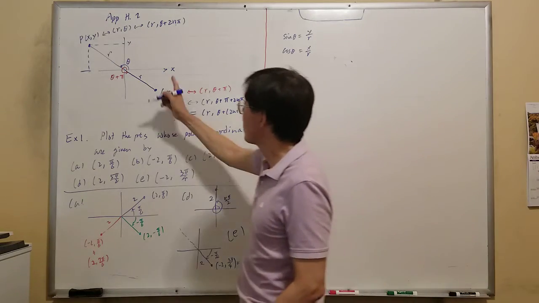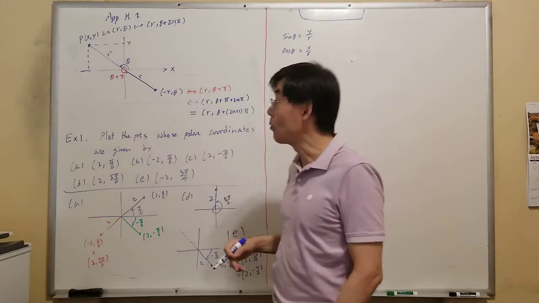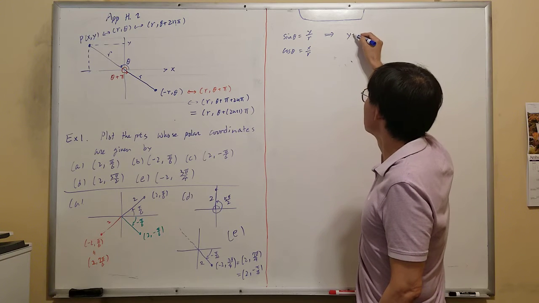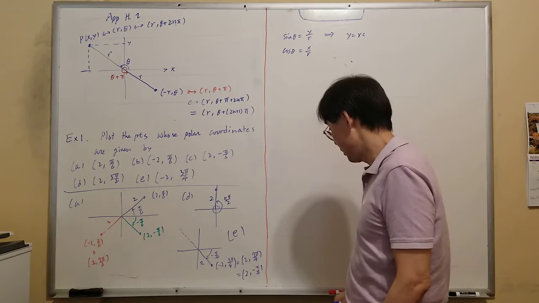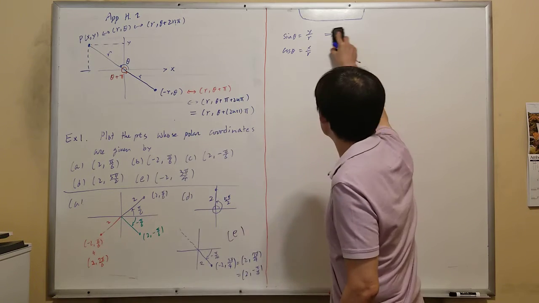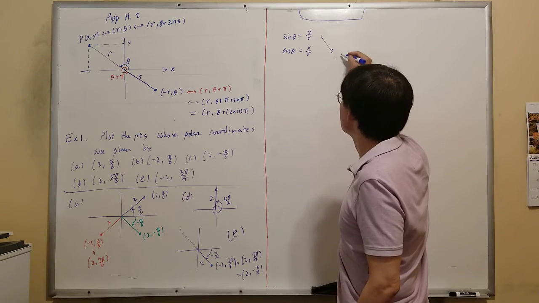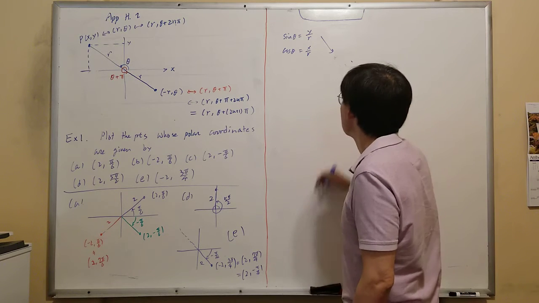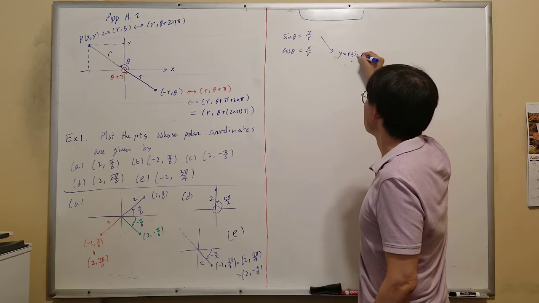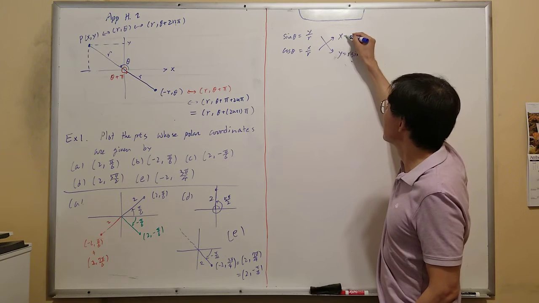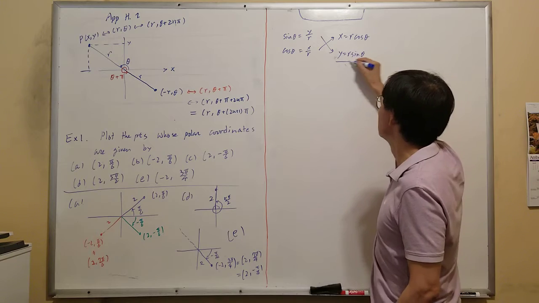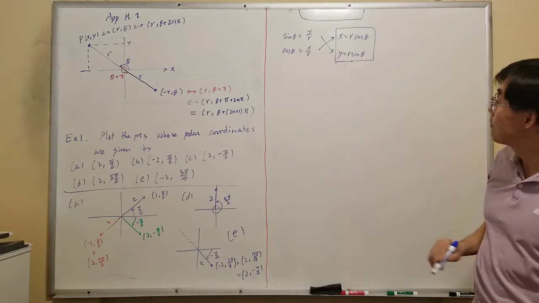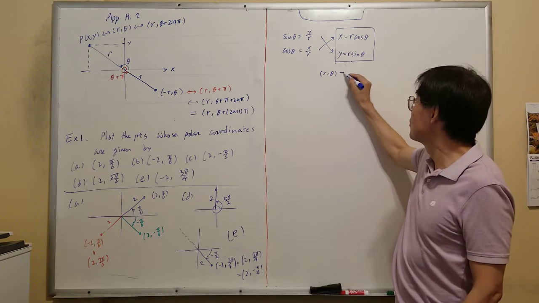When you measure theta from the positive x-axis counterclockwise and r is the distance, then y equals r sine theta, and x equals r cosine theta. So that would be the conversion from r, theta to xy.